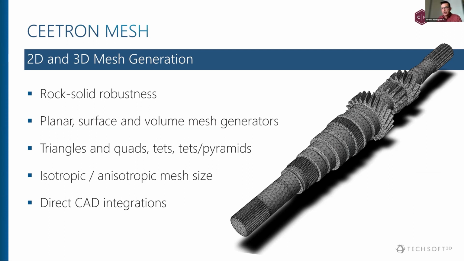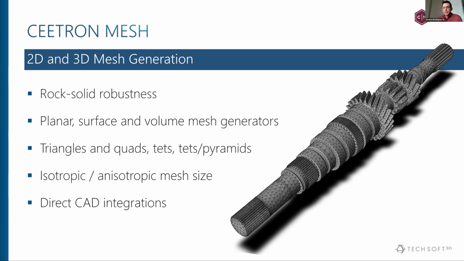Planar and surface mesh generators will provide triangle and quad dominant meshes. And the volume generator generates tet meshes and also has the option of producing pyramids whenever the surface elements are quads connected to the surface mesh. There are obviously various mesh size control options, both working in isotropic and non-isotropic mesh sizes.